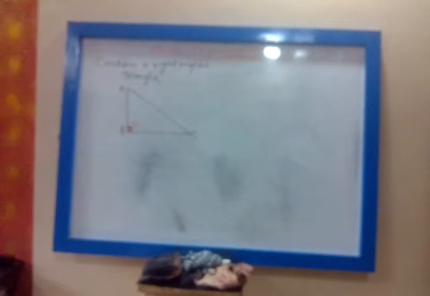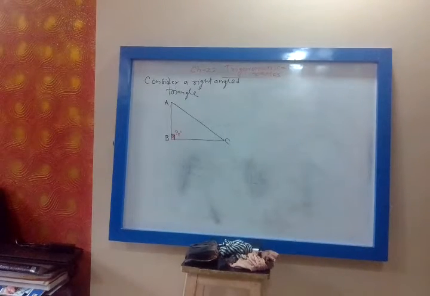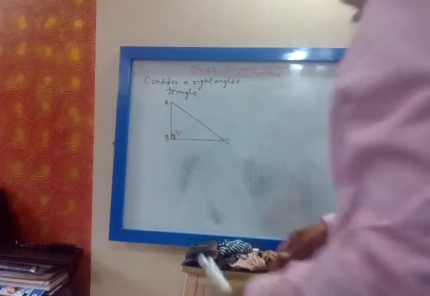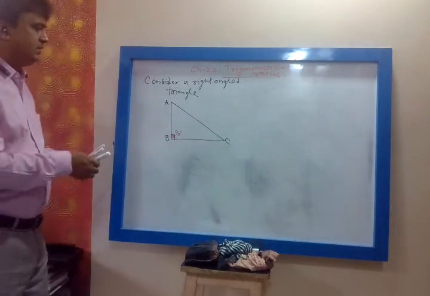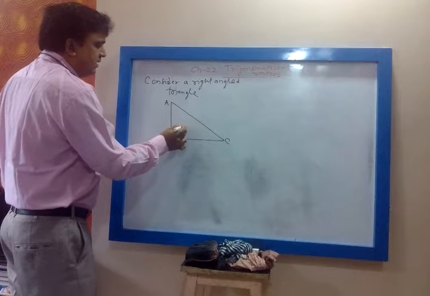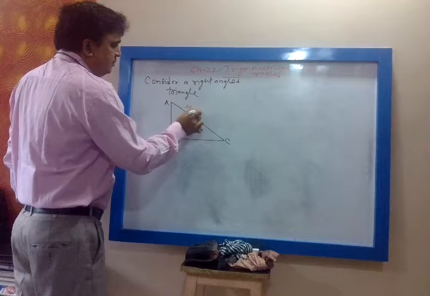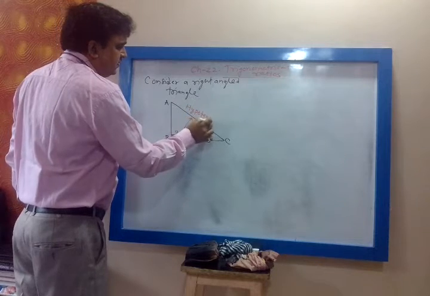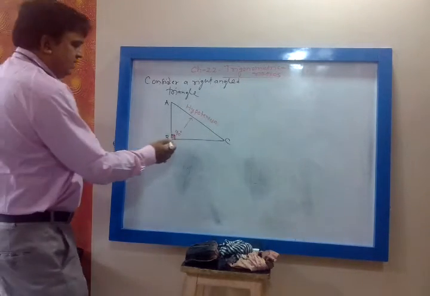At angle B it is a right angle triangle. Now what are AB and BC? The side opposite to angle B is called the hypotenuse.